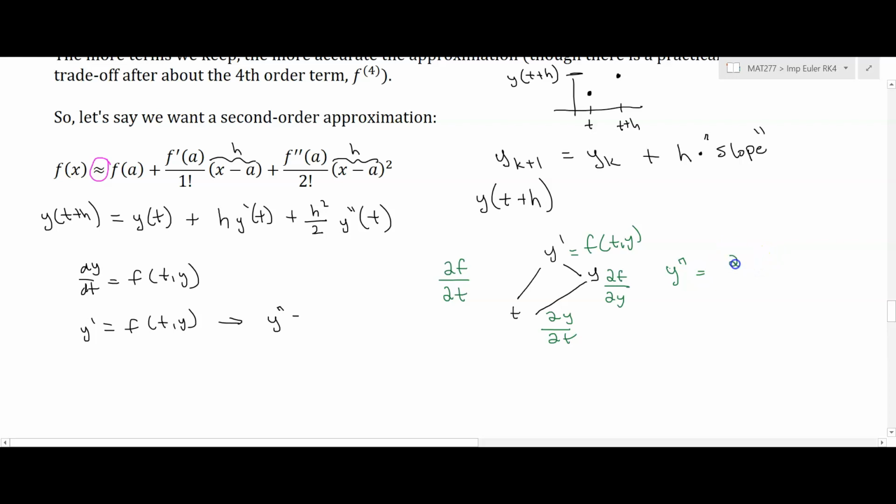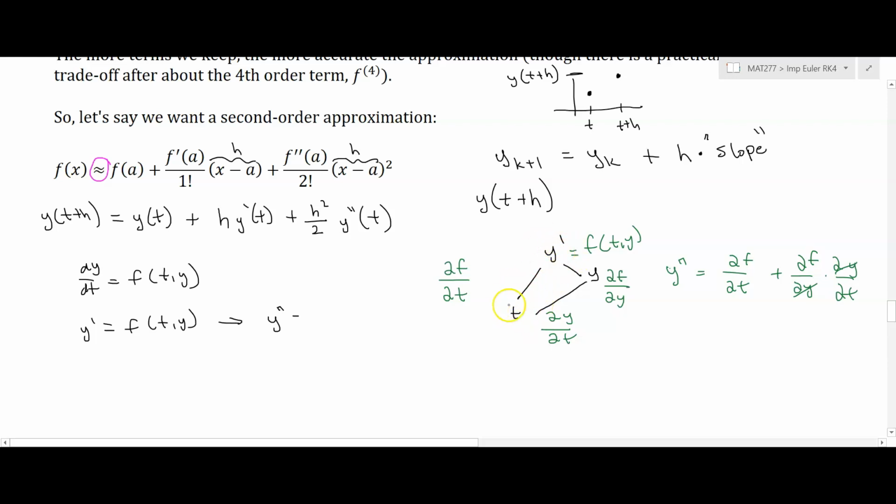So this is going to be df dt plus df dy times dy dt. And you can see that if you cancel out the dy's here, you end up with df dt plus df dt. What this essentially means is there are two different contributions to how y prime changes.